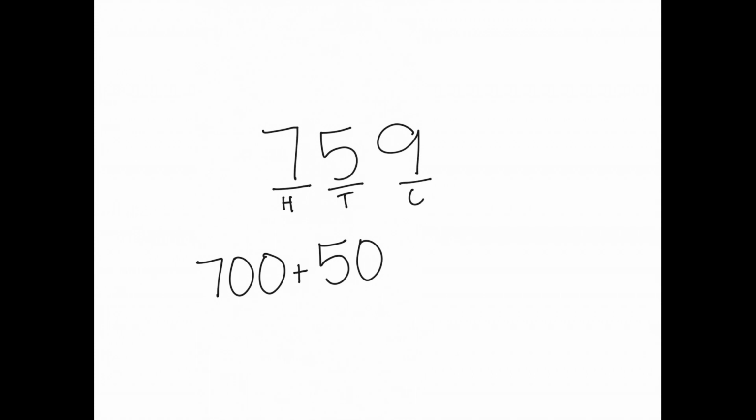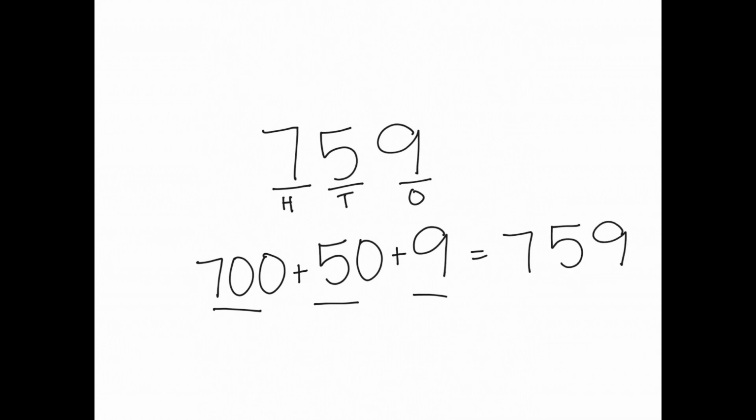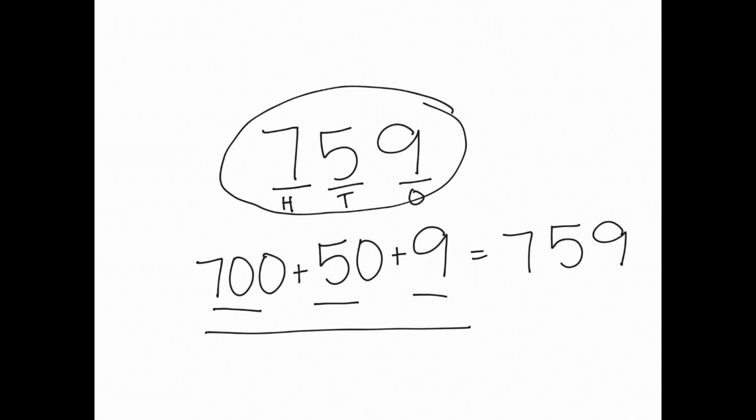And in my ones place, I have a 9. 9 ones are worth 9. So I see that 700 plus 50 plus 9 will give me 759. I expanded my number up here and I stretched it out down below into this big equation. So that is how we do expanded form.